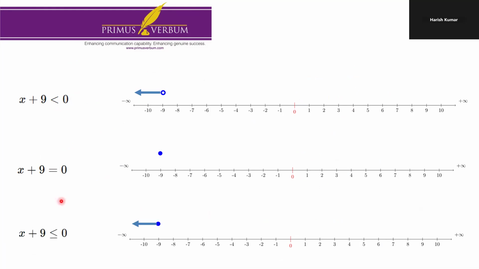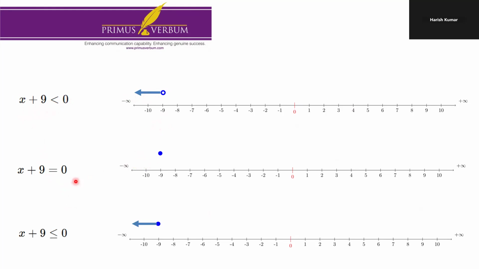And we have the two inequalities and one equality plotted right next to each other so that you can take a good look at them and understand how they differ from each other. I have already described how x plus 9 less than 0 is indicated by an arrow mark with an empty circle to indicate that minus 9 is not one of the solutions for x.